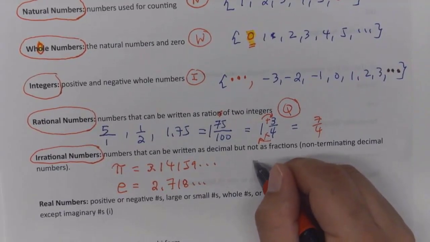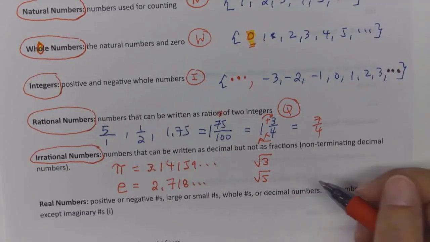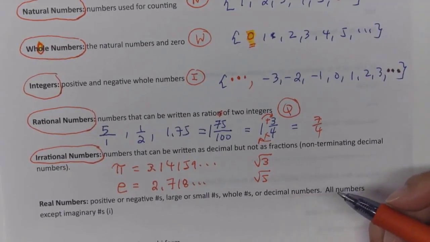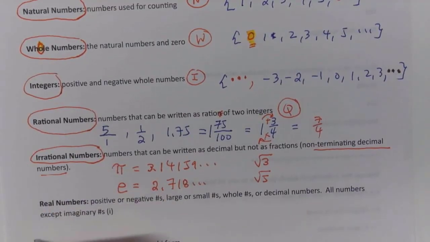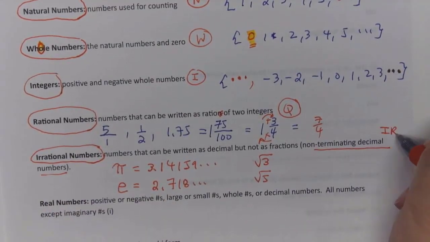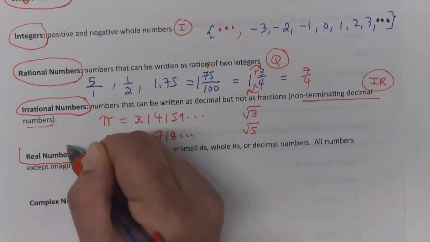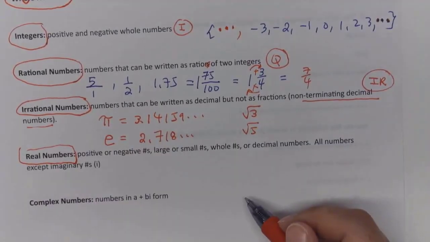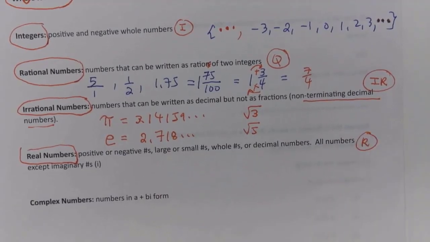Or if you use your calculator and do the square root of 3 or square root of 5, they're not going to stop anywhere. So it's a non-terminating decimal number. The letters we use to represent this are IR, for irrational. And we go to real numbers. Real numbers include positive and negative numbers, large and small numbers, decimal numbers, all the numbers except the imaginary numbers. And we use R for real numbers.